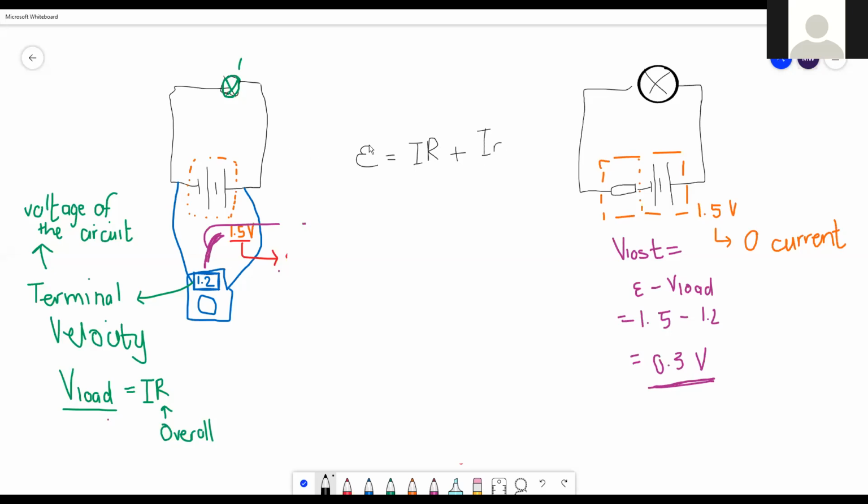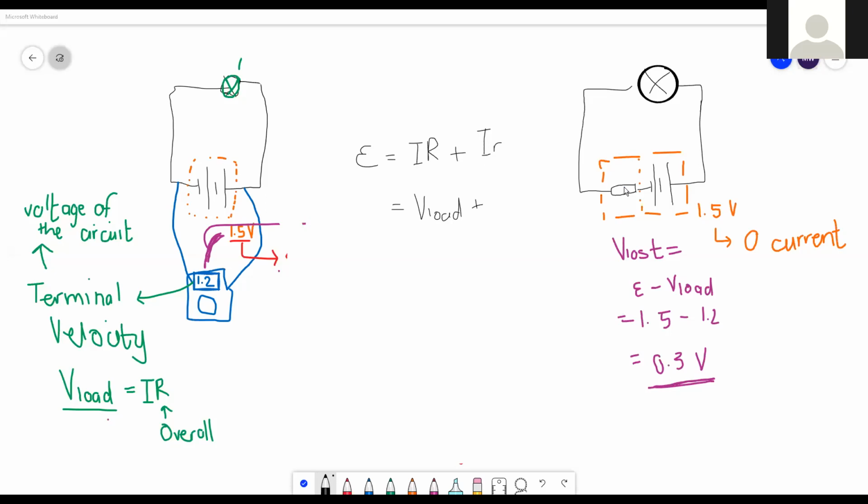Okay, so your EMF is equal to the current times the overall resistance, which is basically your V load, plus your current times your smaller resistance, your internal resistance.